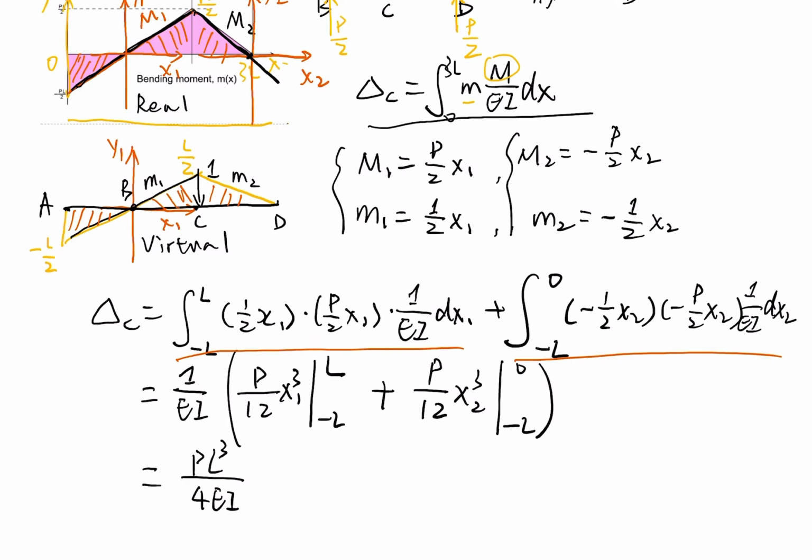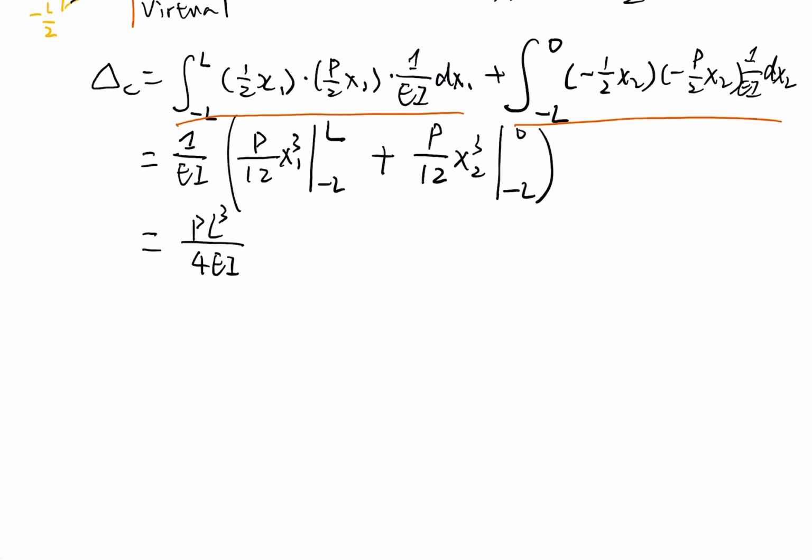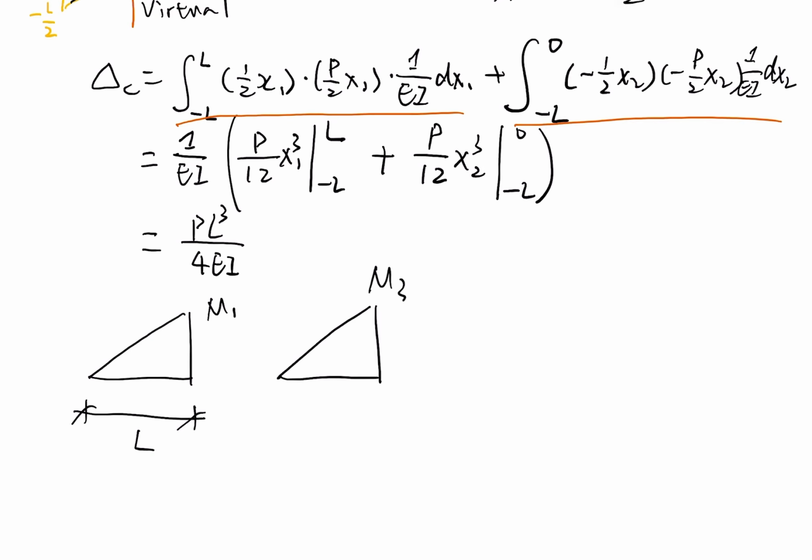If we go through the table for visual integration, you will find that if we have one triangle shape with m1 and the other triangle shape with m3, so if our bending moment diagram shape is both a triangle like this, then the integral is 1 over 3 m1 m3 L.